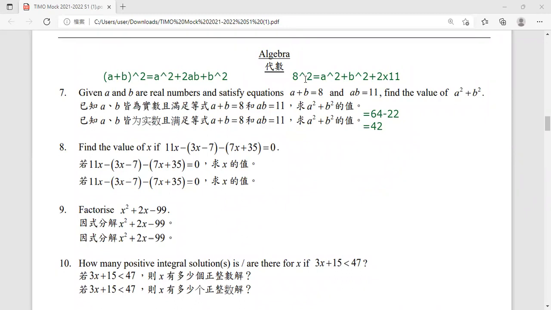Obviously, you can find a rational number to satisfy the equation.